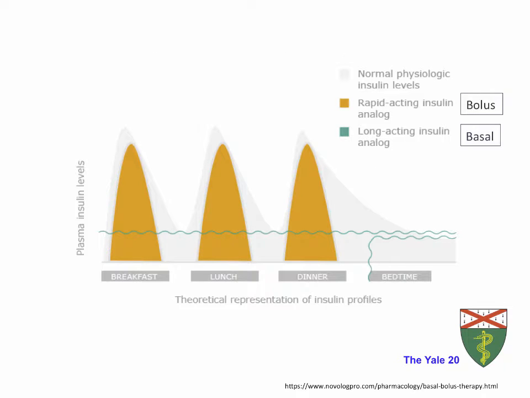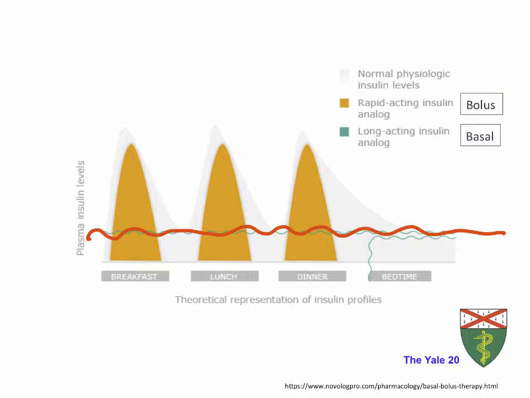All right, so now that we went over some basic principles and some need-to-knows, I just want to briefly review normal physiologic insulin levels and what we're hoping to achieve with good glucose control in the hospital. So the gray bars here, as you can see, are the normal physiologic insulin level. And as you can see here, there's always some physiologic insulin production in patients that are non-diabetic.